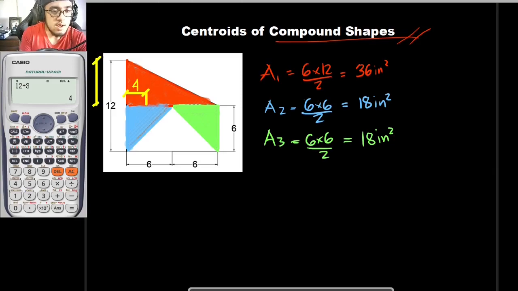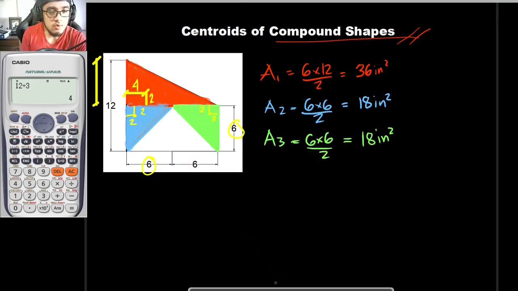If that is 6, 6 divided by 3 is 2. And for this triangle right here, since its dimension is 6 by 6, that is 6 divided by 3, which is 2 by 2. And as for this, since both of these triangles at the bottom have the same dimensions, this is also 2 and 2.